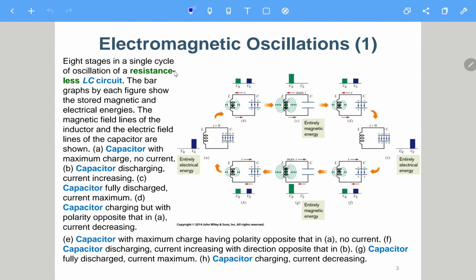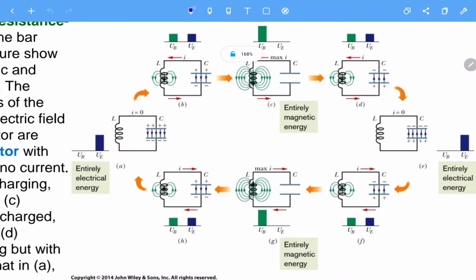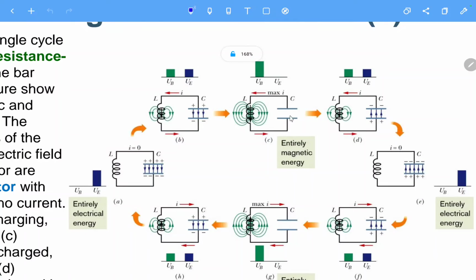Okay, so here it demonstrates the electromagnetic oscillation. Simply speaking, we have a circuit with an inductor in series with a capacitor. We don't consider any resistance.